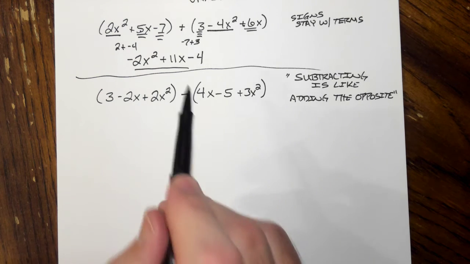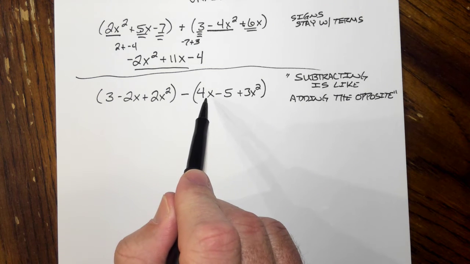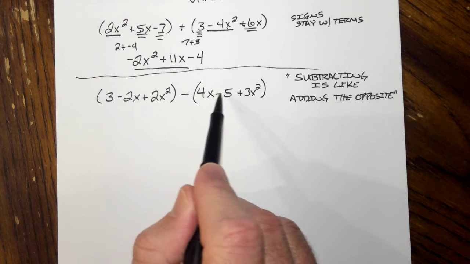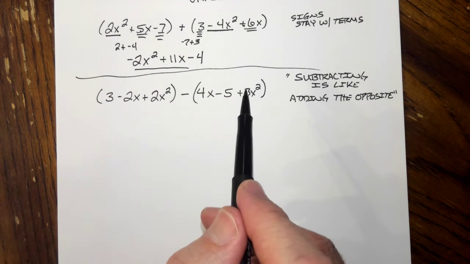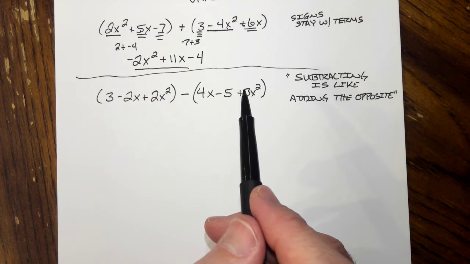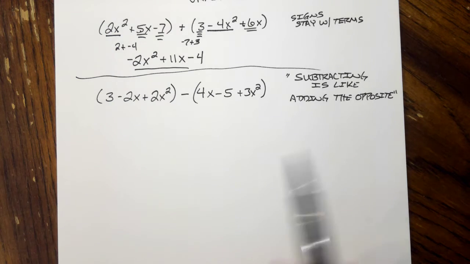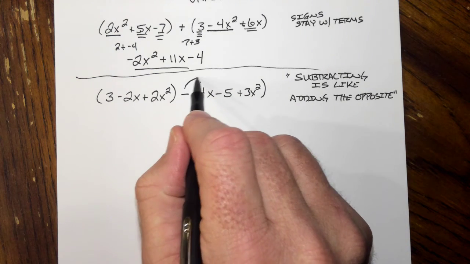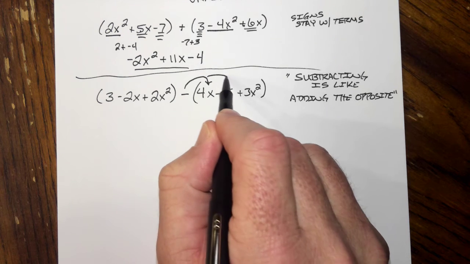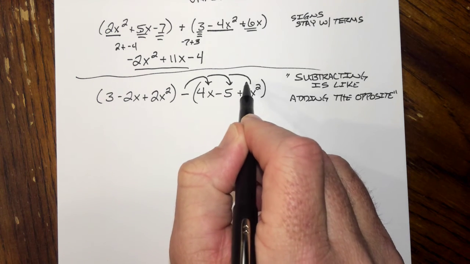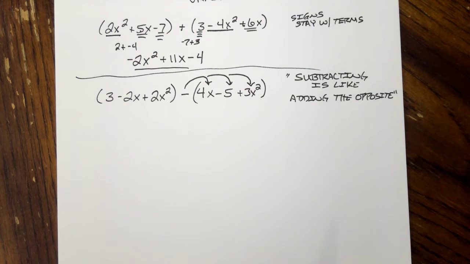Why do we make this big deal? Because you aren't just subtracting one thing, which is a common mistake. You're subtracting all of these. So, two ways of looking at it. Some people will say I'm going to distribute the negative to each one of those terms. If that's what you like, go be my guest.